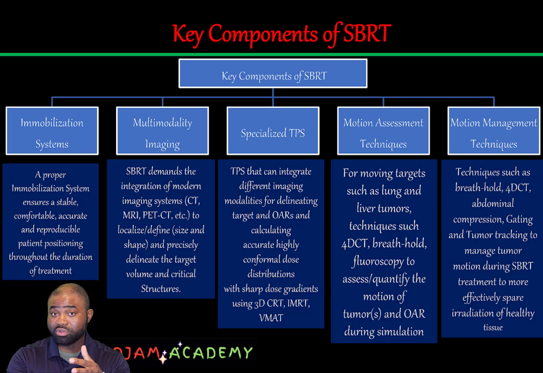You have abdominal compression, gating, and tumor tracking. These are all techniques that can be used to manage tumor motion during SBRT treatment to effectively deliver a highly conformal dose to the target and spare the irradiation of the surrounding healthy tissues.